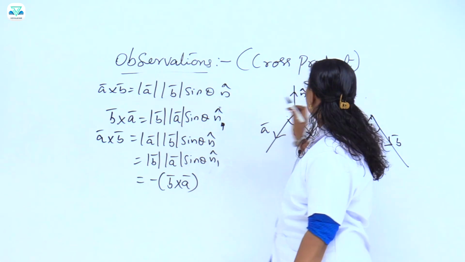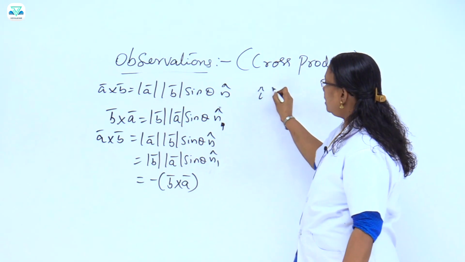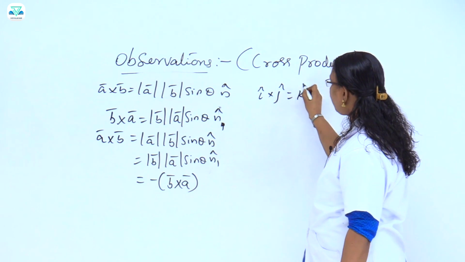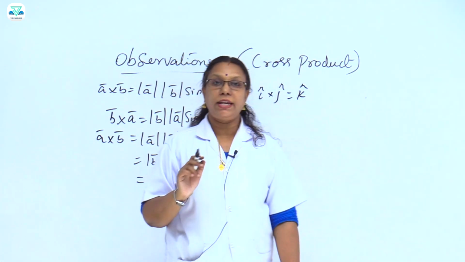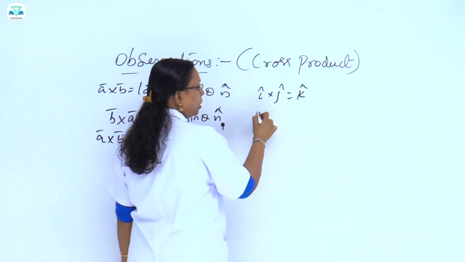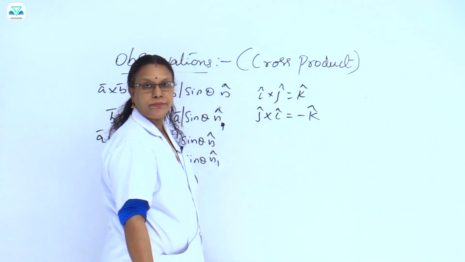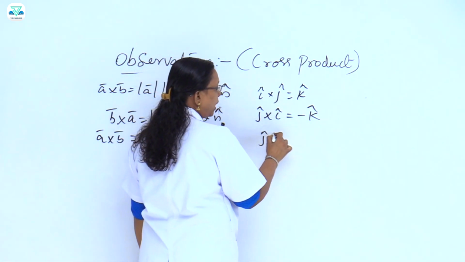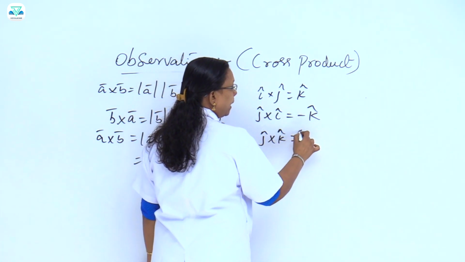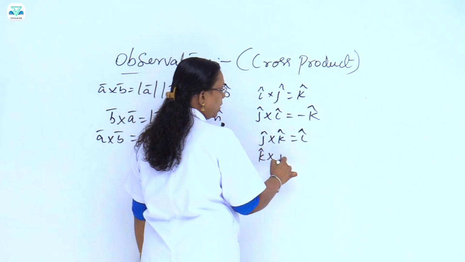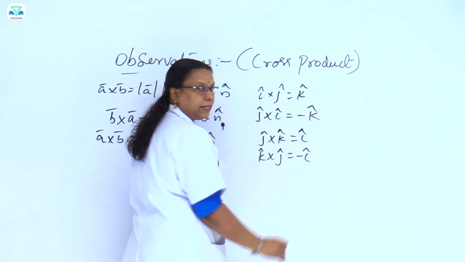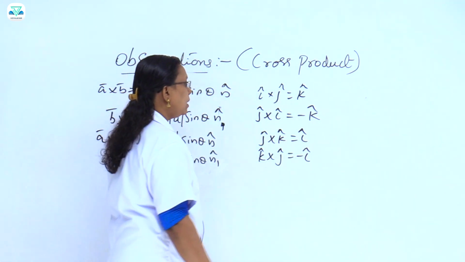According to this, we saw earlier that I cross J is K cap. So J cross I will be equal to minus K cap. Similarly, J cross K is I cap, so K cross J will be equal to minus I cap. The reverse.